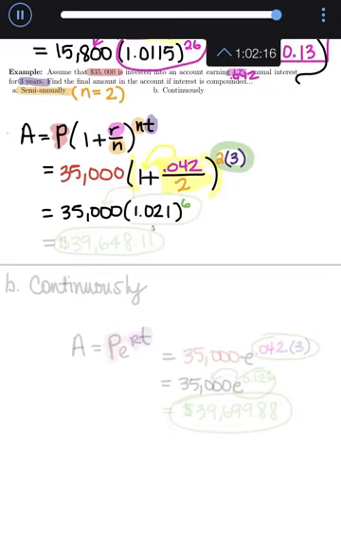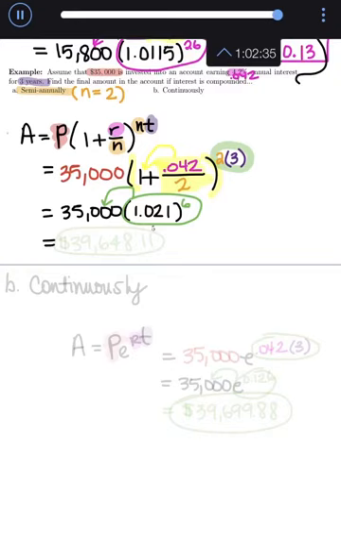Now, order of operations says that I should do my exponent here first, which is the 1.021 to the 6th power, then multiply it by the 35,000 at the end. Exponents are before your multiplication. So let's see what happens when we do that.